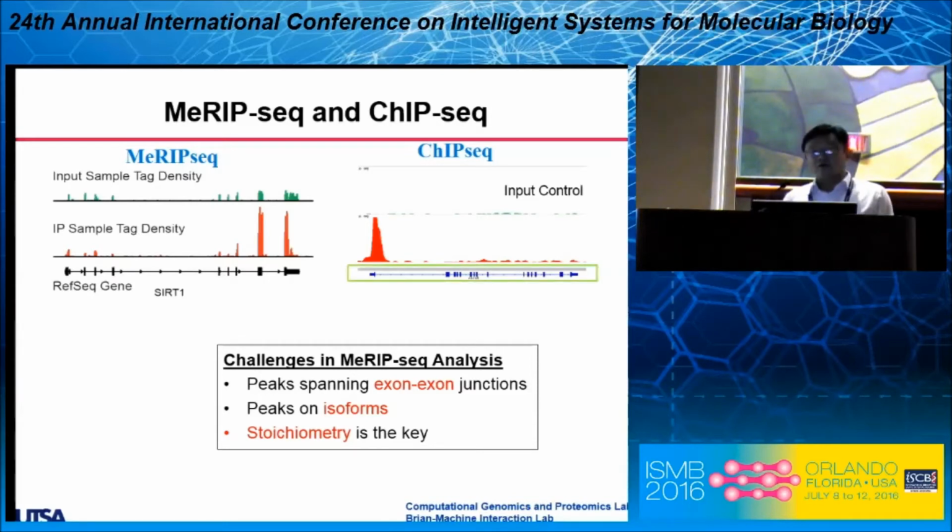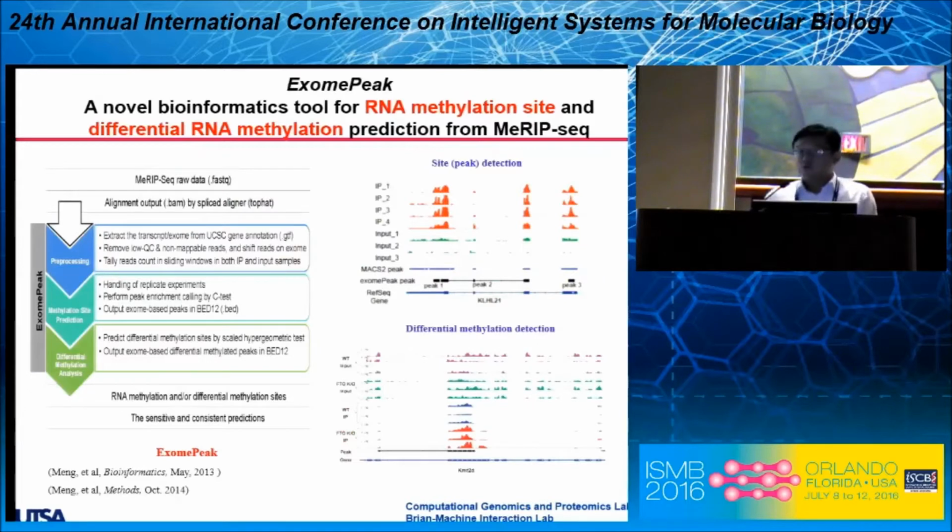In order to overcome these problems with MeRIP-seq, we previously developed an algorithm called exomePeak that addressed some of the problems I brought up in the previous slides. It can predict these sites, and can also carry out the so-called differential m6A methylation detection under 2 different conditions.